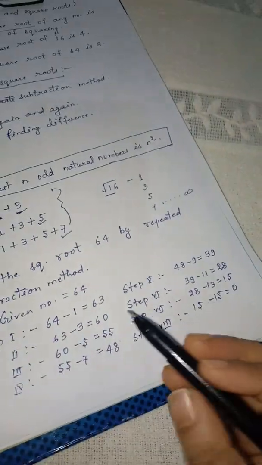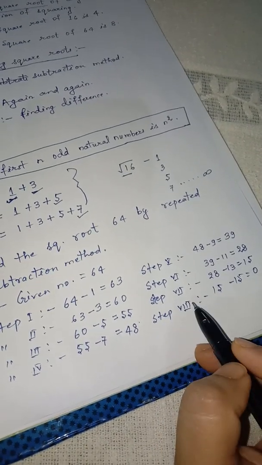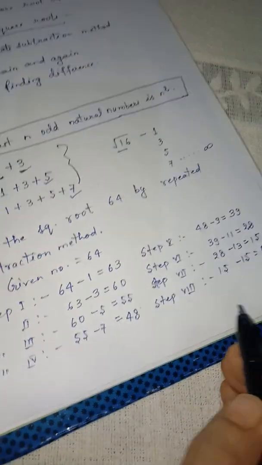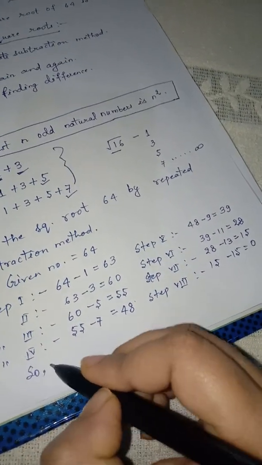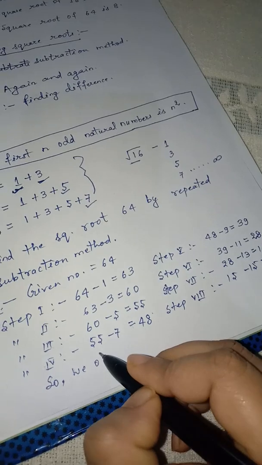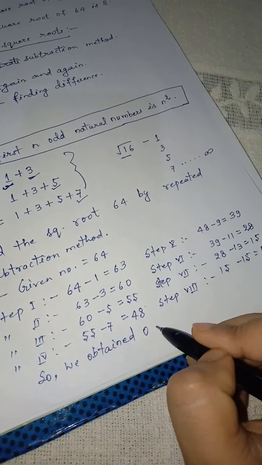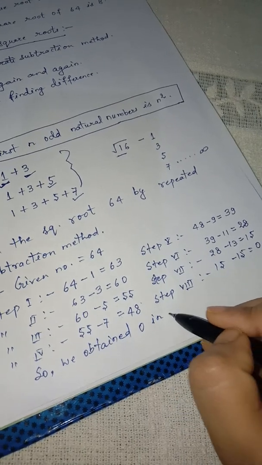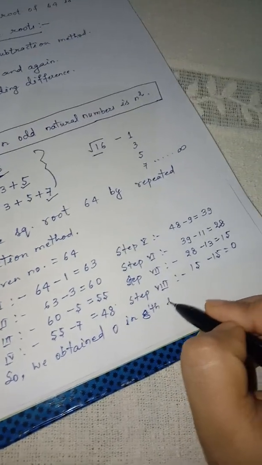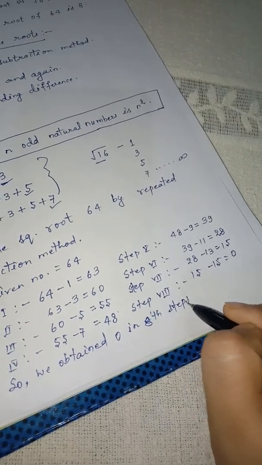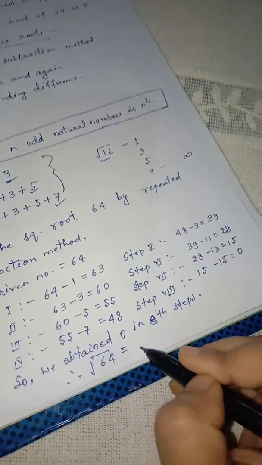So in how many steps did we subtract? In the 8th step we obtained 0. Therefore, the square root of 64 is 8.